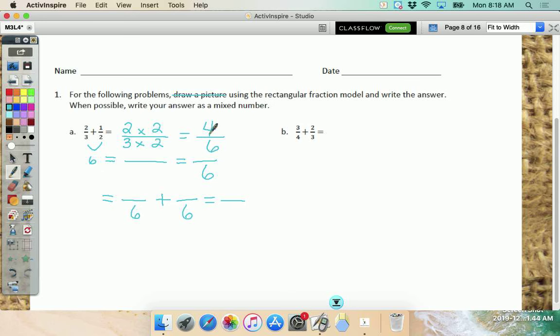Okay, and Chris, tell me what to write on the second row. 1/2 times 3. Yeah, 3. Okay, so I have 4/6 plus 3/6 equals 7/6.